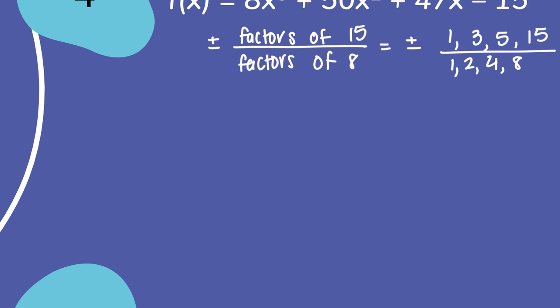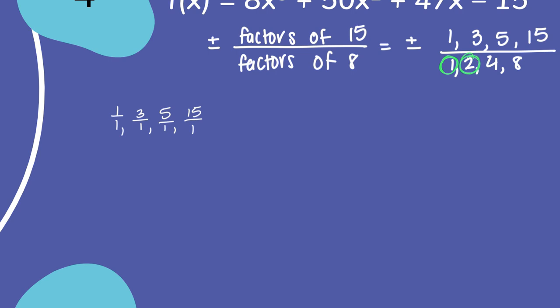I'm going to first take all of these and set them to a denominator of 1. I'm going to have 1 over 1, 3 over 1, 5 over 1, and 15 over 1. Those are possibilities.